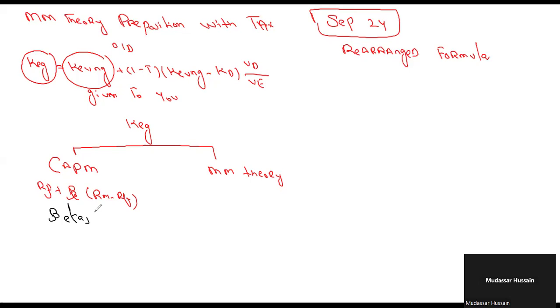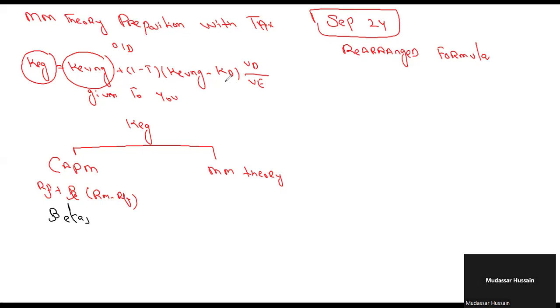But if the beta information is not present, the only way to compute the geared cost of equity is the theory. And the other aspect of the theory is that if we have to compute the ungeared cost of equity, that can also be computed by rearranging the figures.